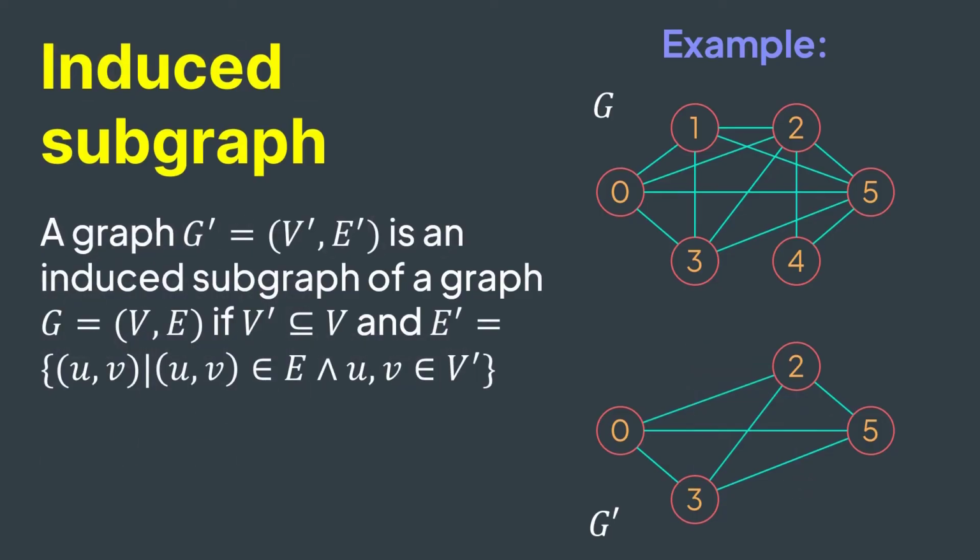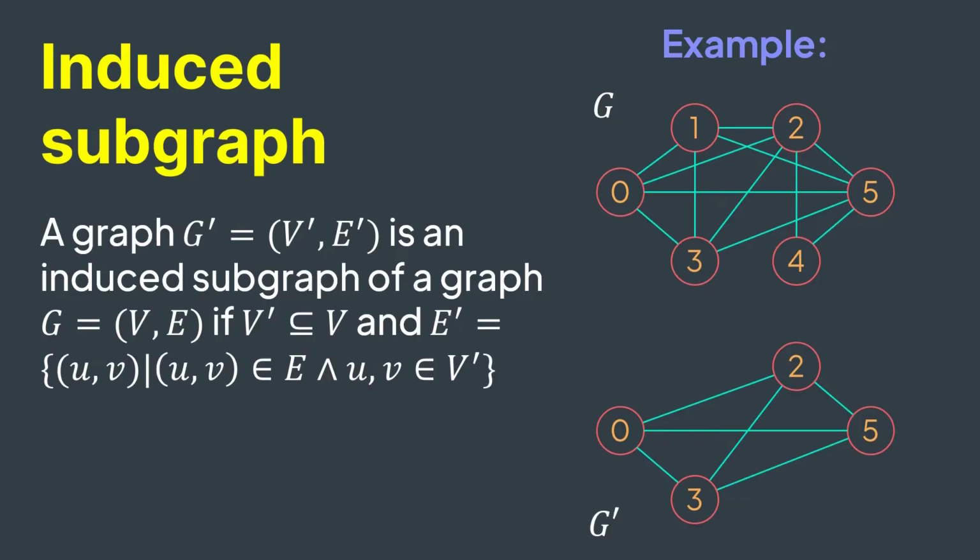And an induced subgraph of G is a subgraph of G where we can remove some vertices, but we take all the edges, except ones that are incident to vertices we removed obviously. So the set of edges contains all edges of E whose vertices are in the subgraph.